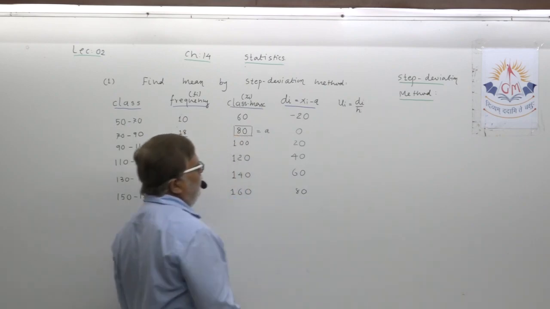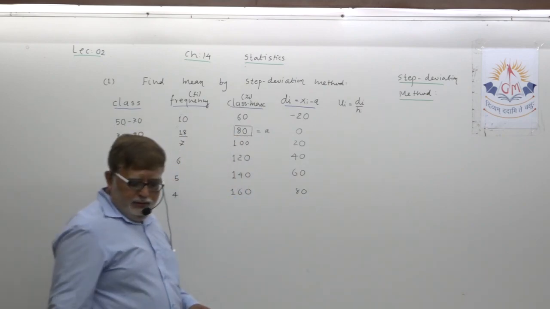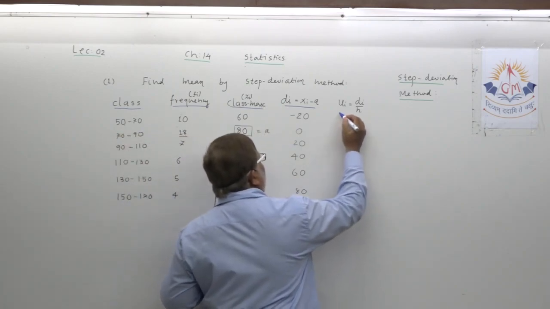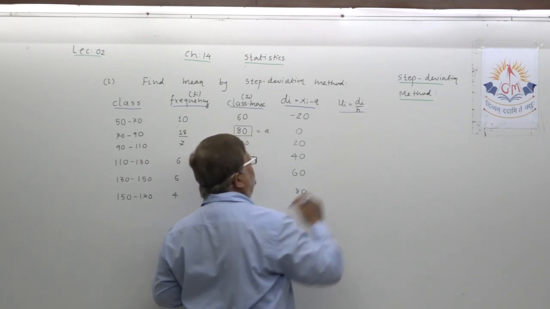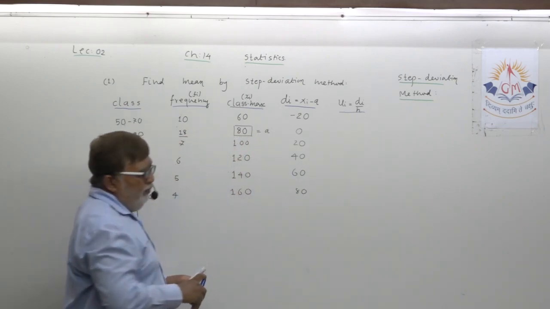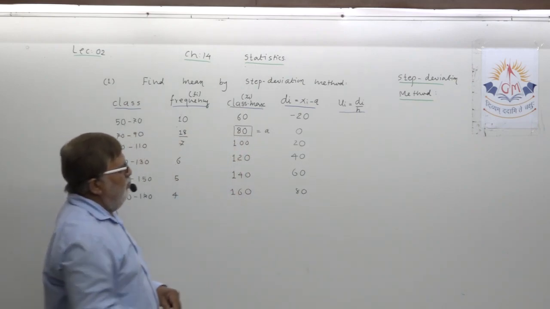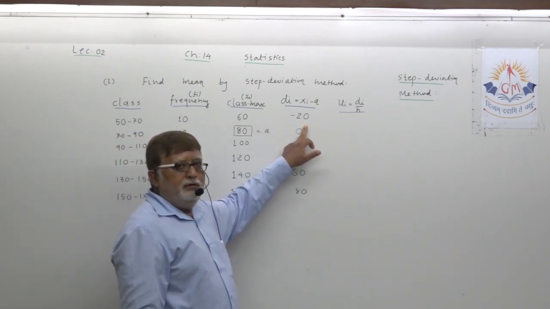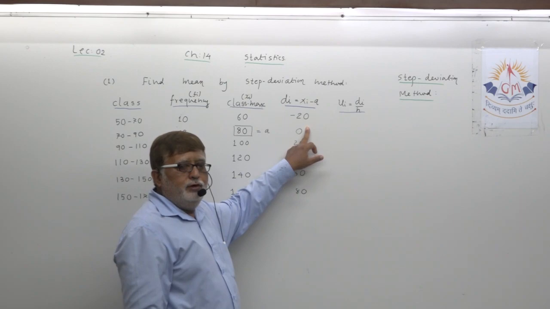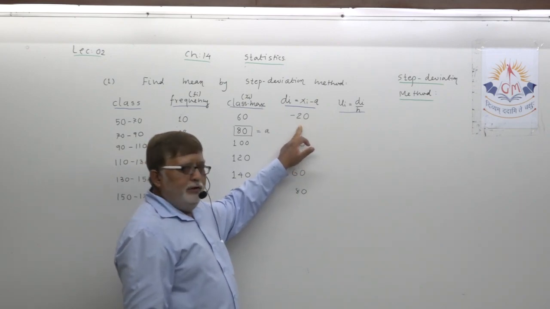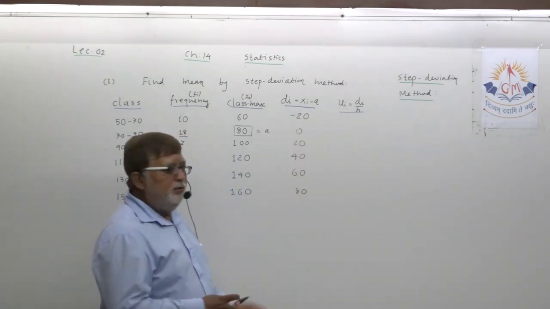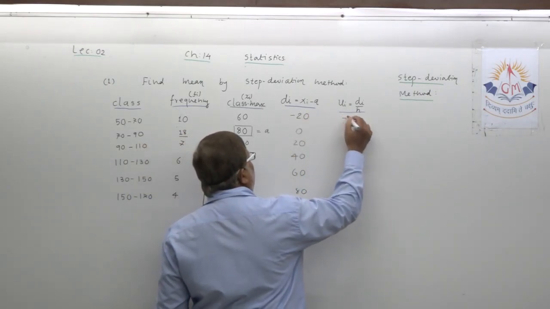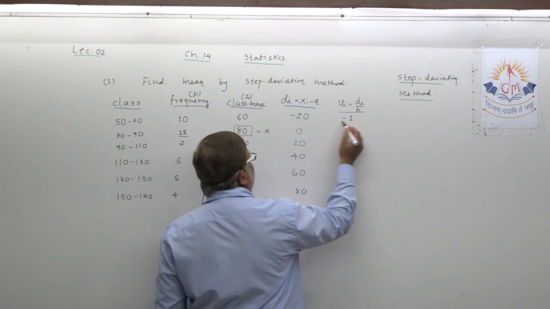That means every di is to be divided by class height. You understood this? Class height you all know, dear student, is 20. So each value to be divided by 20: minus 20 upon 20, that is minus 1.